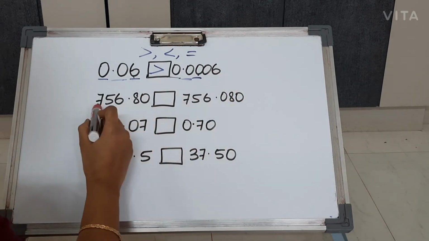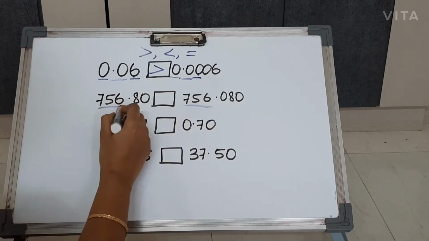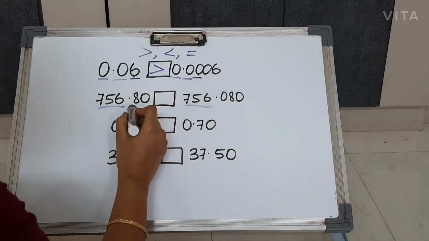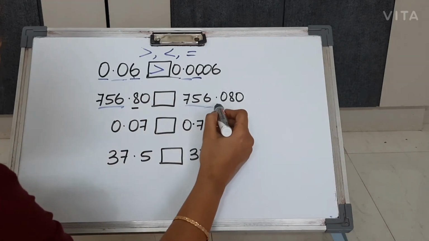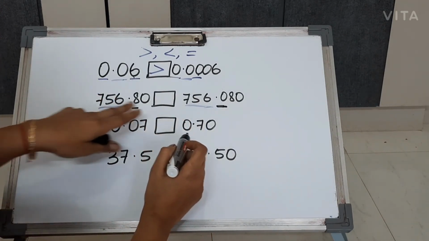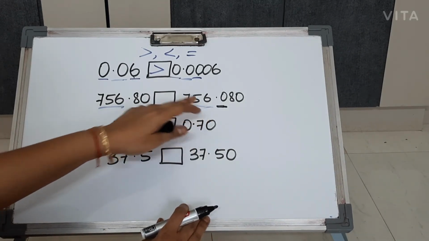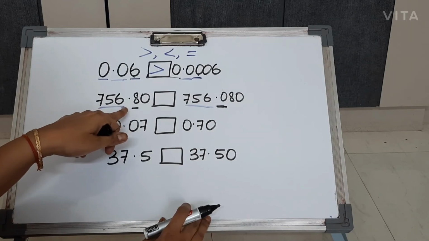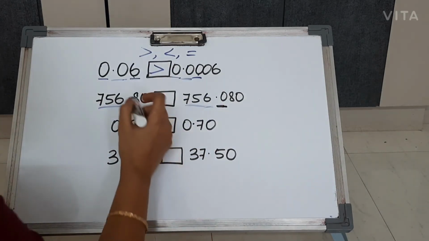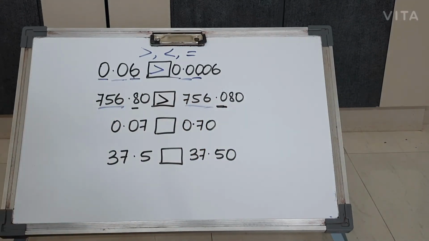Second question is 756, 756. This part is the same on both sides. Then 0.8. So here it is 0.8 and here it is 0.0. So here only we will stop. 756, 756 is the same, so we will not compare here. Up till now, the point after the decimal we will check. 0.8 and 0.0. So 0.8 is greater than 0. So here we will put the greater sign.